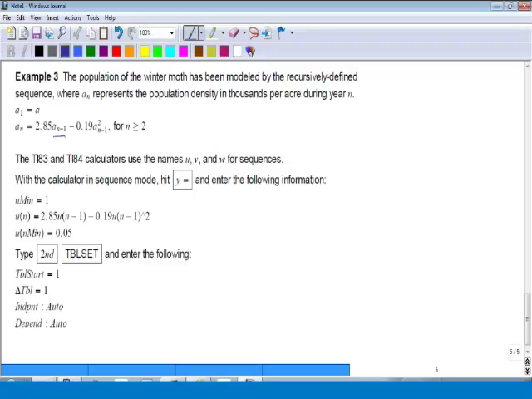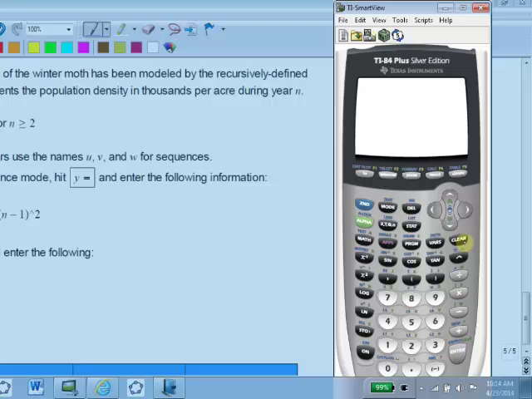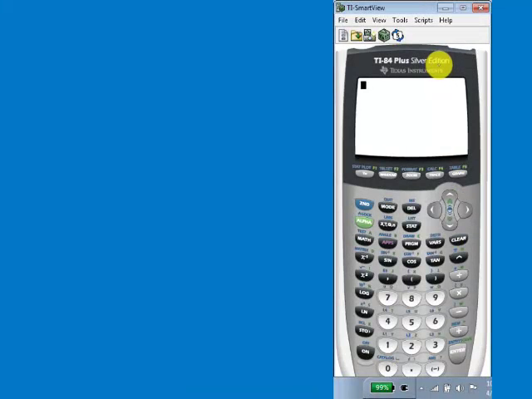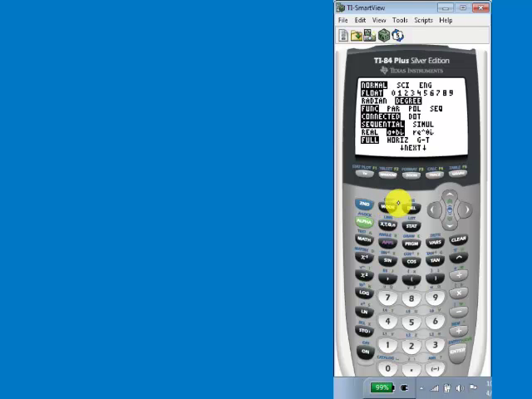So let's see if we can punch this into the calculator and use that to predict how many moths there will be in year n. Now, up to this point, if you press the mode button, right next to the second button on the calculator, throughout college algebra and this course, it's been in function mode.